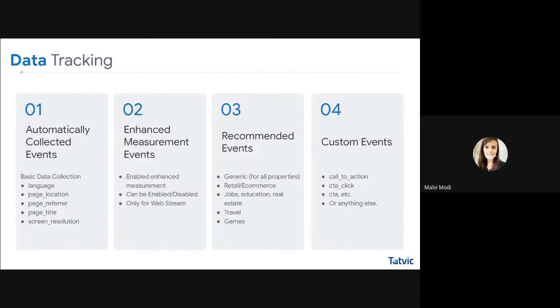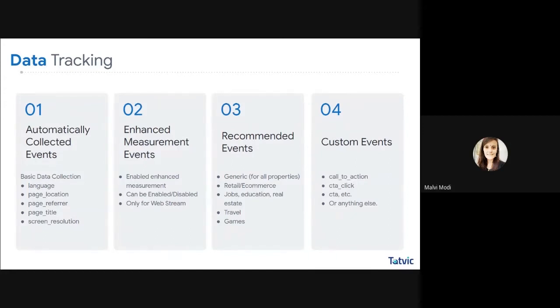Automatically collected events are your first visit, session start, and user engagement. Such kinds of events are automatically tracked. And when I talk about enhanced measurement, they are page view, scroll, file download, and other things. And the custom events are nothing but the rest, where there is no event already present, but you still want to track it, then you have an option to create a custom event.